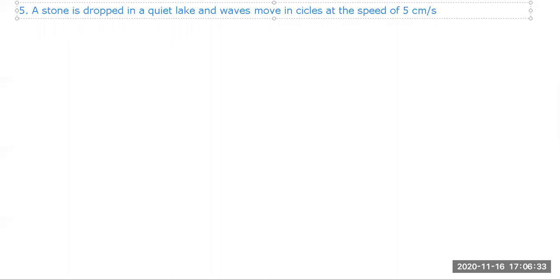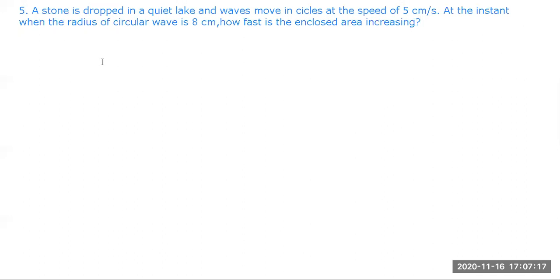At the instant when the radius of the circular wave is 8 centimeters, how fast is the enclosed area increasing?